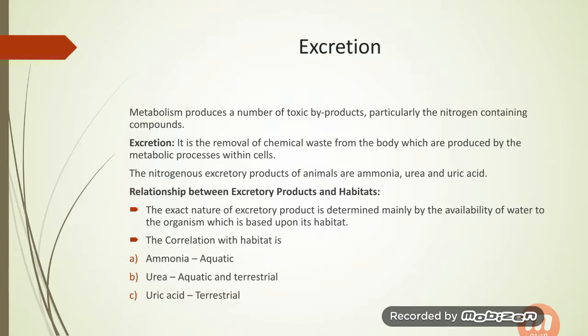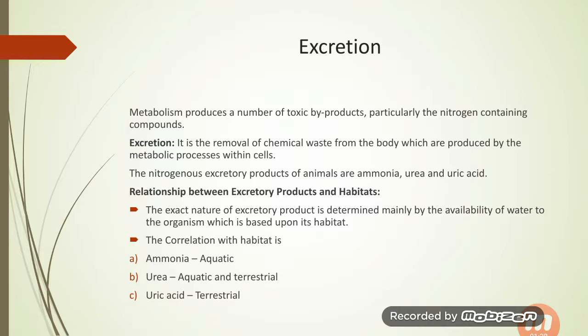There are three different nitrogenous end products, and they are removed out of the body in three different ways. We have urea, we have ammonia, and we have uric acid, which are the three end products of the nitrogenous waste basically.